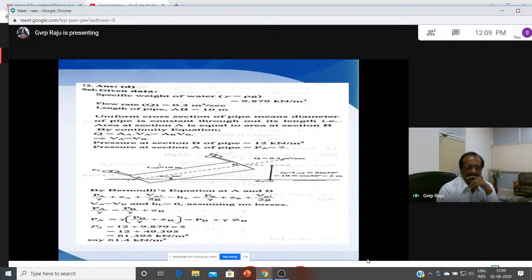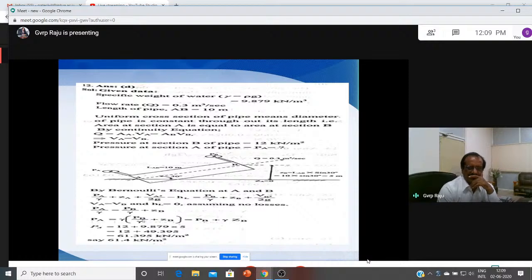Apply Bernoulli's equation. So PA by W plus ZA plus VA square by 2g is equal to PB by W plus ZB plus VB square by 2g, and we have a loss of head HL here.